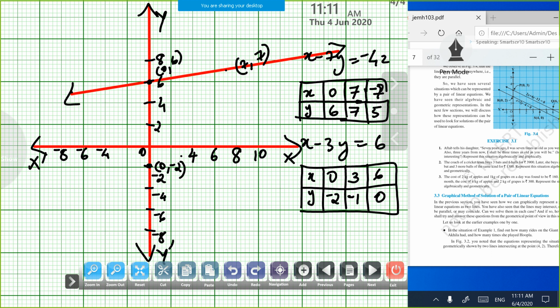Second one, x is equal to 3, y equal to minus 1. The next one, x is equal to 6, y equal to 0. This is the point. Draw the graph.